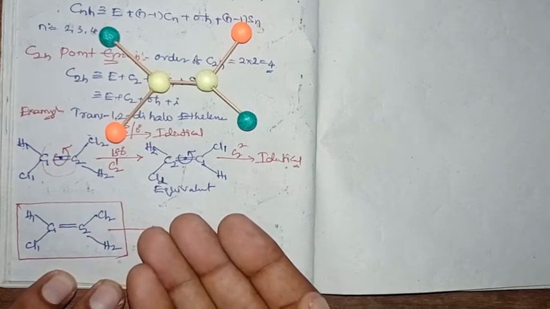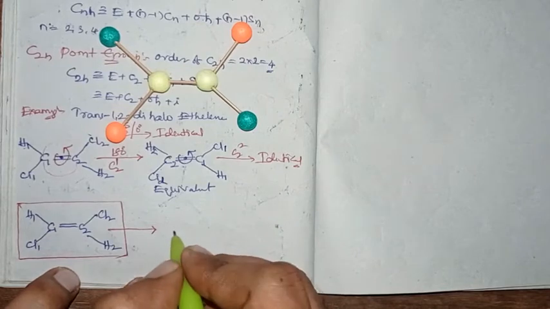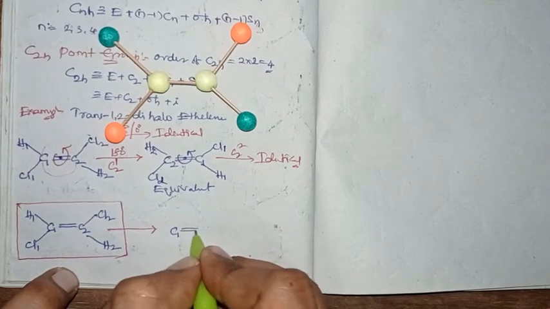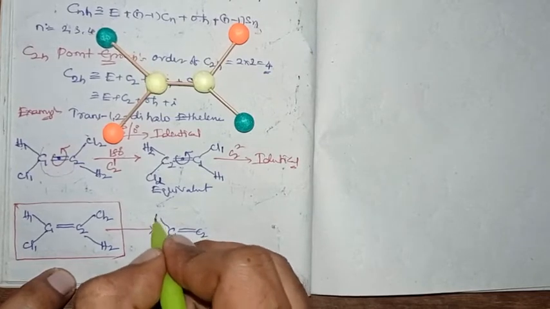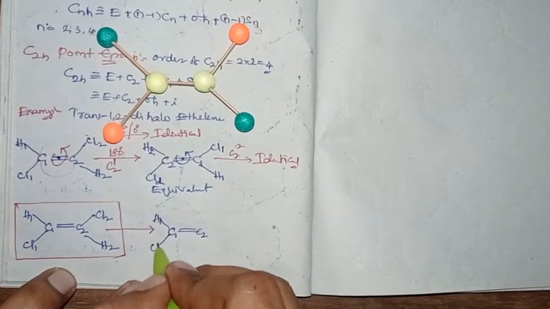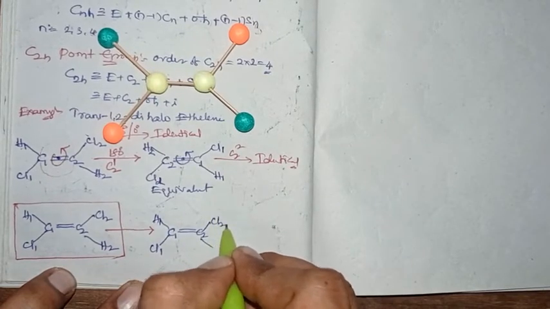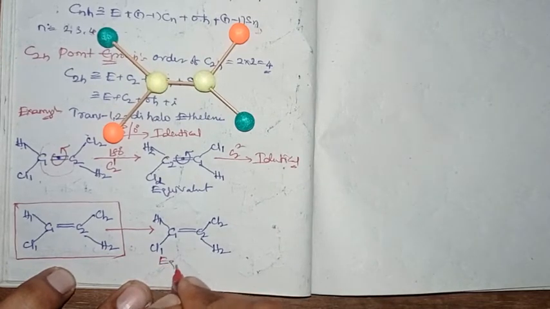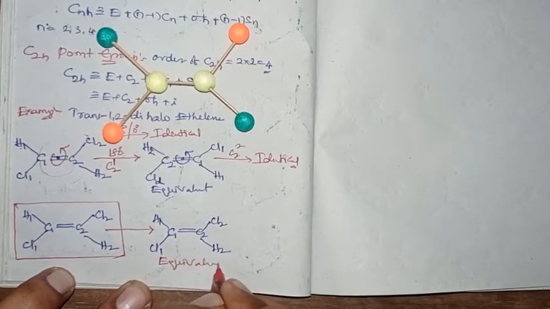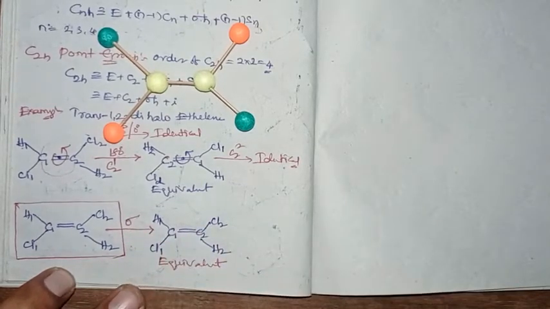Retention of atom positions in the generated configuration surely gives an equivalent configuration. So carbon 1 stays in carbon 1, carbon 2 in carbon 2, H1 in the H1 position, Cl1 in the Cl1 position, Cl2 in the Cl2 position, H2 in the H2 position, but the faces are just different. So the generated configuration is an equivalent configuration, and the plane is a plane of symmetry.